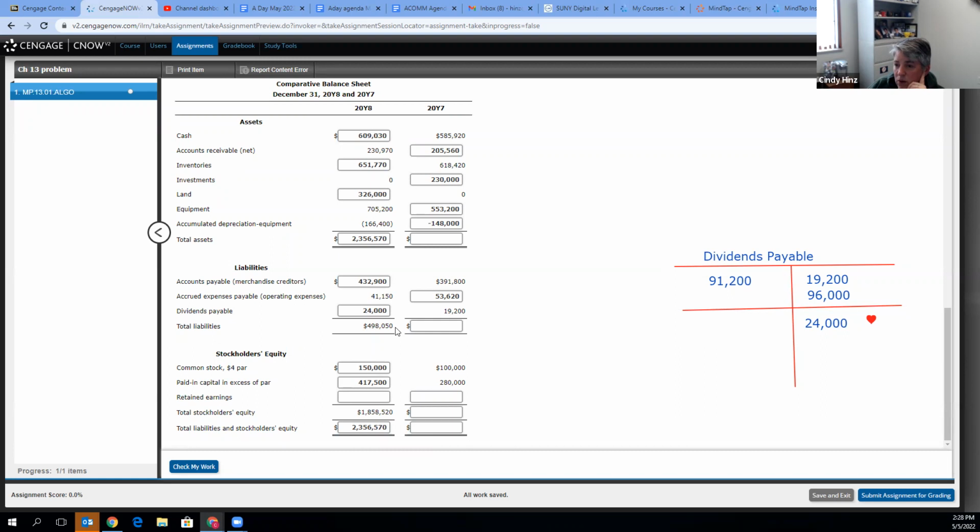So we know the total liabilities, we know the total stockholders' equity. We can then figure out how much the balance in retained earnings must be so that these three pieces of equity, the par value, the additional paid in capital, and the retained earnings need to equal this total. So if we take that total and subtract the common stock and the additional paid in capital, that will give us the retained earnings at the end of the year.